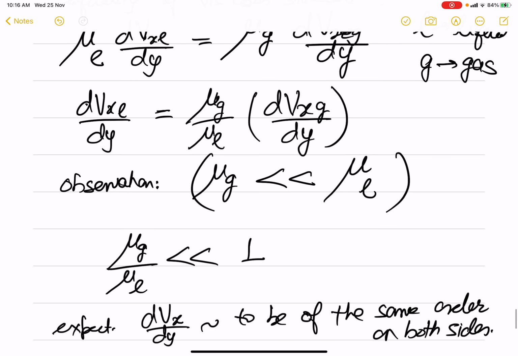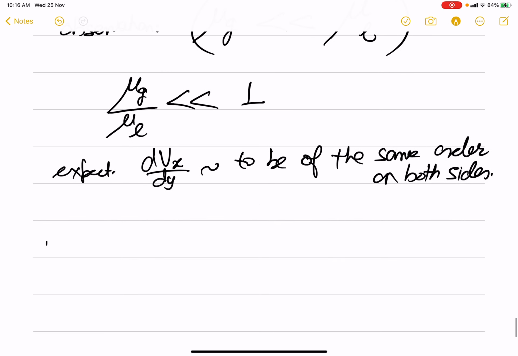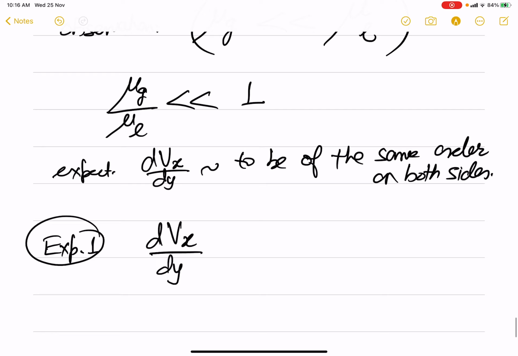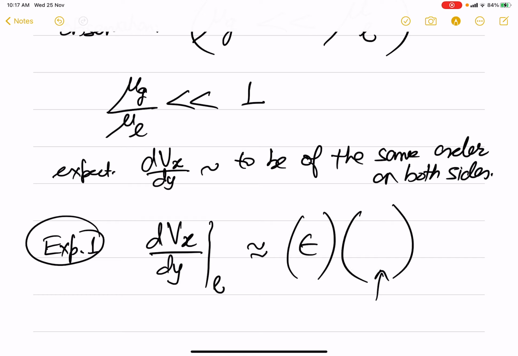Looking at expression 1, it implies that dVx by dy on the liquid side at the boundary will be equal to a very small quantity epsilon multiplied by a quantity of the same order, which is dVx by dy on the gas side.